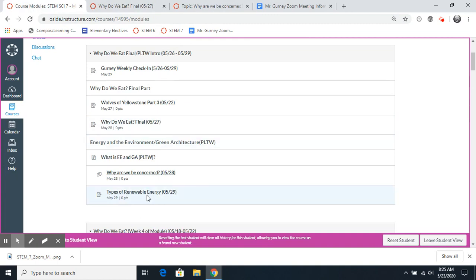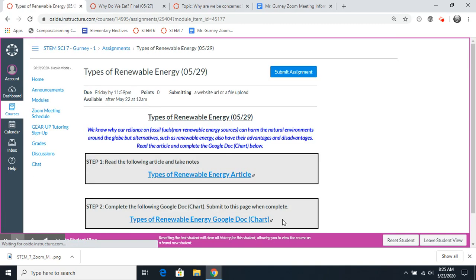And then the last part of the week is types of renewable energy. And there's an article here about the different types of renewable energy. Renewable is essentially the opposite of fossil fuels, which are non-renewable. Renewable is something we can continuously use over and over.